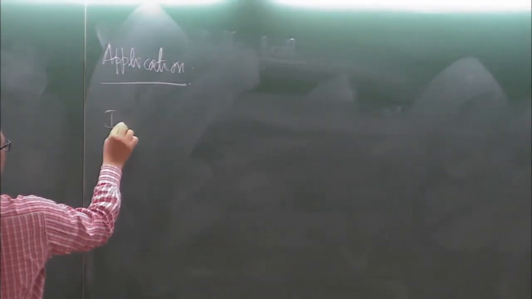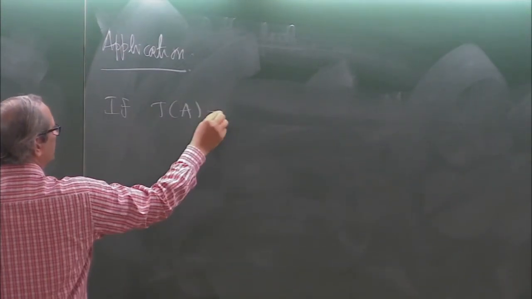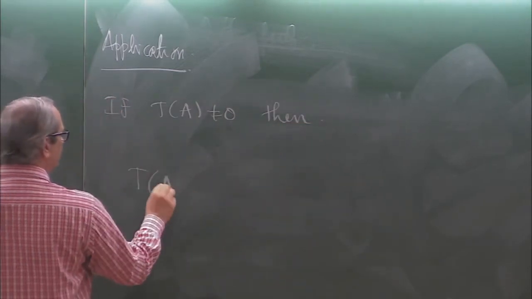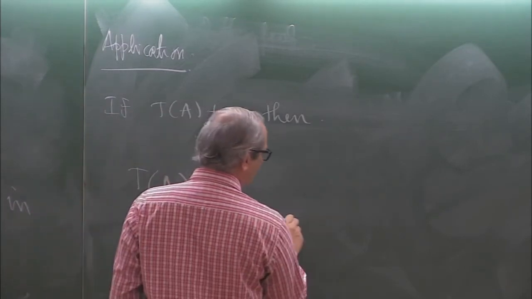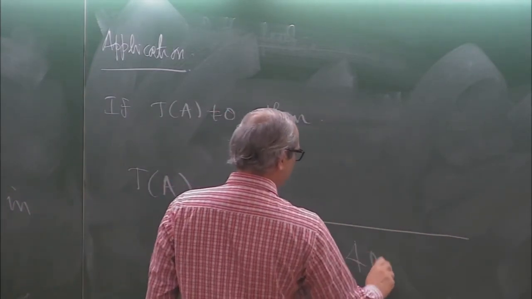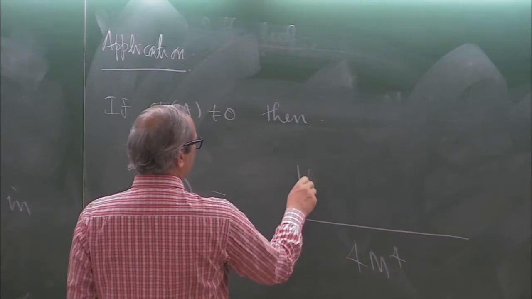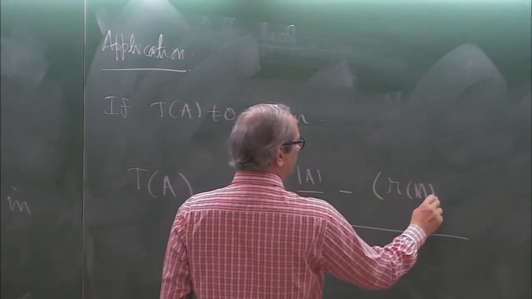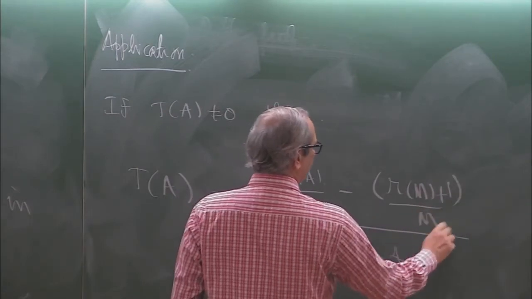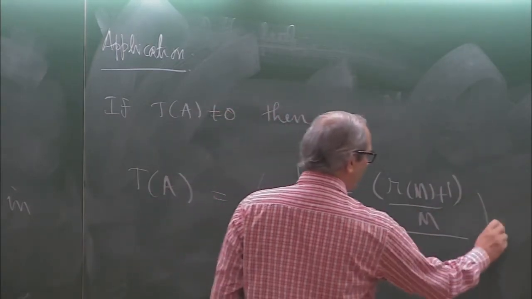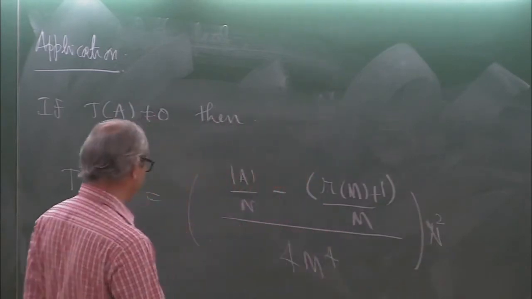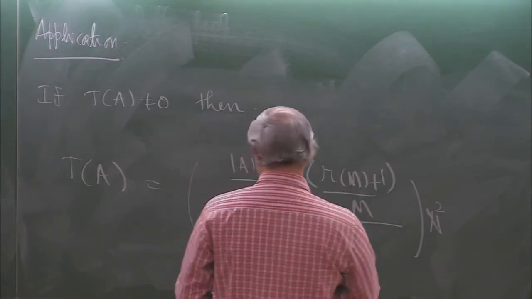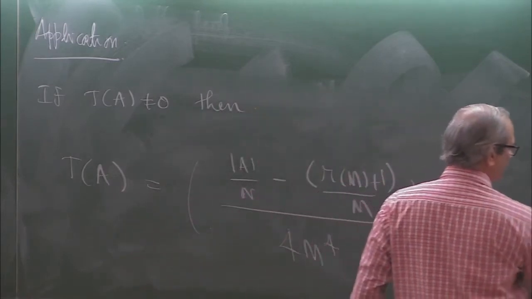So if TA is not equal to 0, then TA is bigger than n square by 4m to the power of 4 times cardinality of A by n minus Rm plus 1 by m. Now let me just be a little slack and remove the 1 by m, I mean I needn't do it, but I just do it in any case.